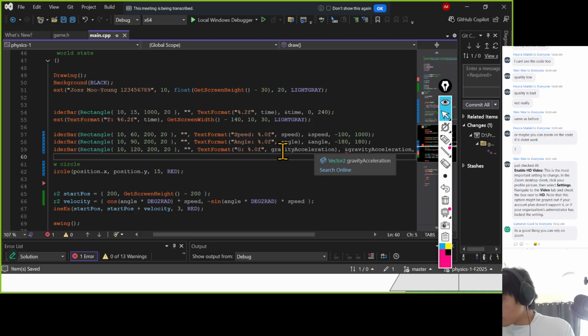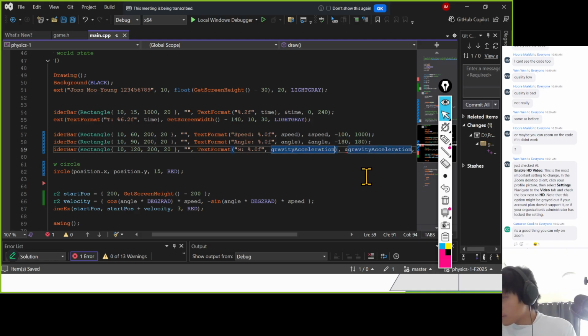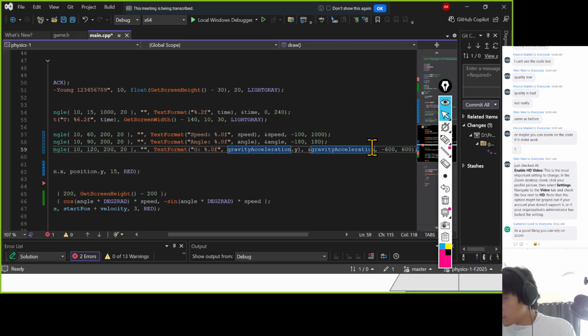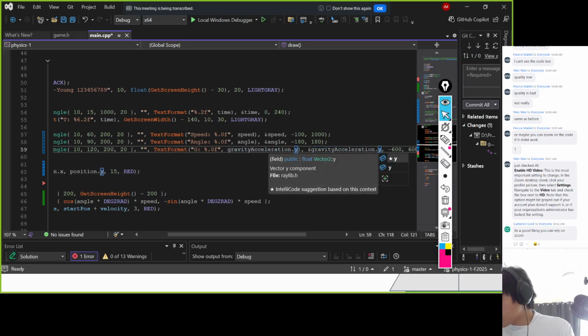Let's adjust only the y of gravity's acceleration. So, dot y, dot y. So we're only going to affect y.